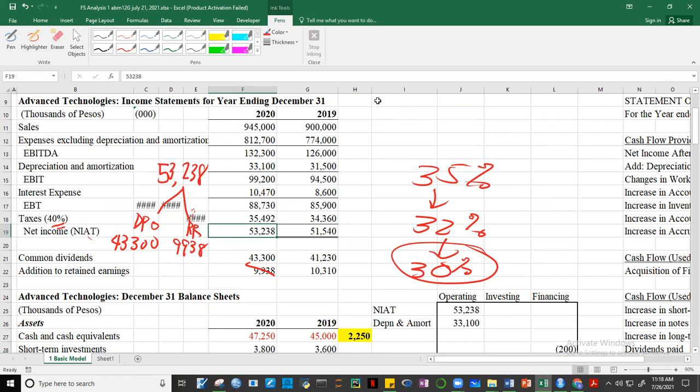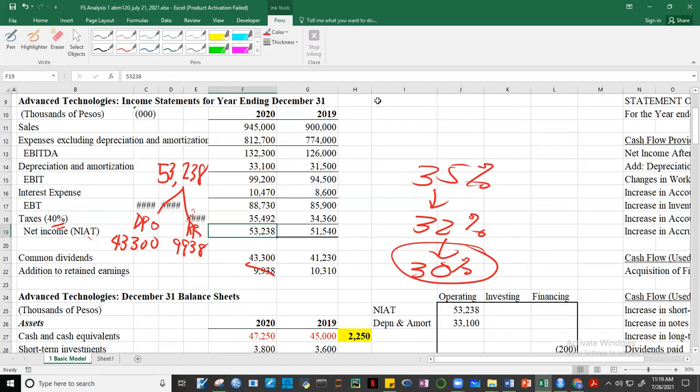Elijah, what do you mean by retained earnings? Hello po. Yes. Retained earnings po is the money po that went back po to the company. It is the money that was not given out to the shareholders. Okay.